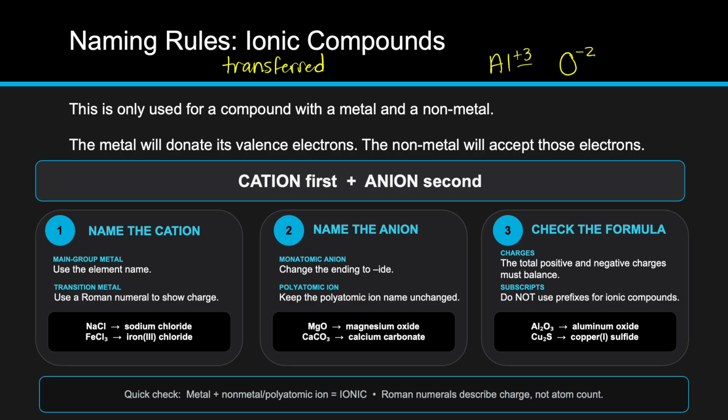These do not have a common number, so I need to multiply each of them to get a common multiple. Here I have 3 and 2. So I'm going to multiply aluminum by 2, so I get +6, and multiply oxygen by 3, so I get -6. When I put those together, my overall charge is 0. So my final formula will be Al2O3.